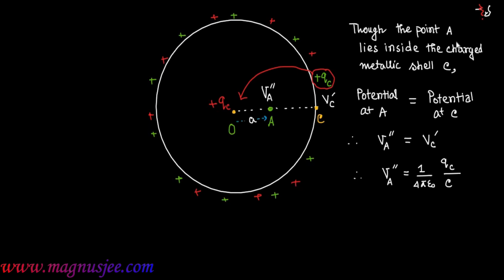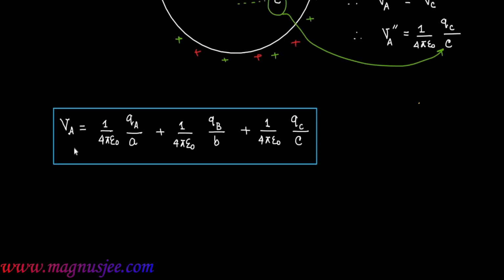A is the distance of the point A, but C is the distance of the point C on the surface of the shell. To find the potential at the point A, that is VA double prime, we have to divide the charge QC by c. That means we have to divide the charge QC by the distance of the point C from the center.